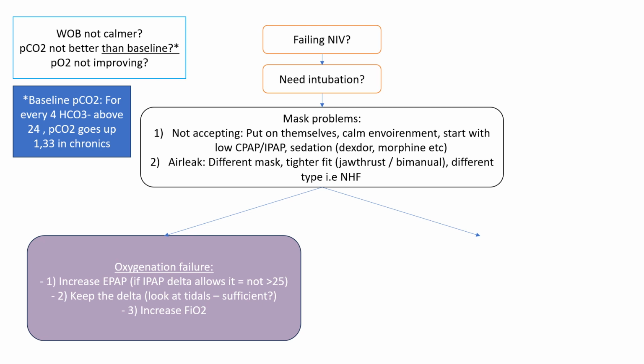So if you want to maintain the same delta, then you go from 5 to 7 in EPAP, and you have to go from 10 to 12 in IPAP, maintaining a delta of 5. Just make sure that the higher number, the IPAP, is not above 20 to 25, because of the esophageal sphincter. Exactly. And then you can also increase the FiO2.